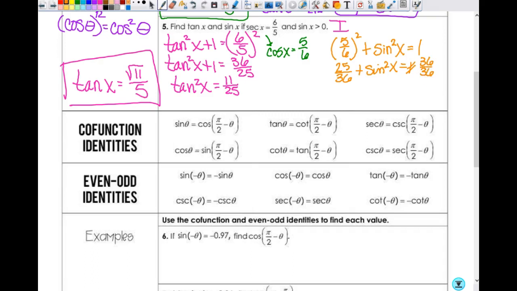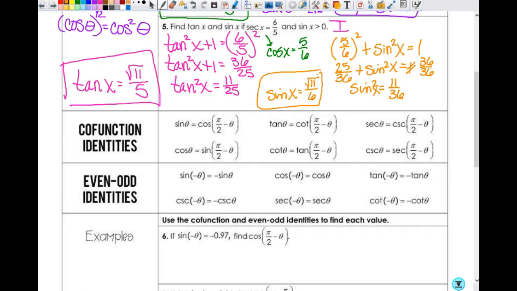Whether you rewrite it or not, that's what you should be thinking. And that means that sine squared x is going to equal what? 11/36. So sine of x is the square root of 11 over 6. And it's positive also because everything's in the first quadrant. Questions about that? Are we good?